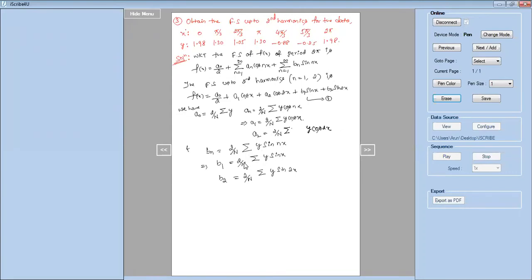Bn is this. B1 is 2 by cap letter N summation y sin x. B2 is 2 by cap letter N summation y sin 2x. So these are the expressions for a0, a1, a2, b1, b2. And here cap letter N is nothing but the number of values given here. You can count 1, 2, 3, 4, 5, 6, 7 values are there.